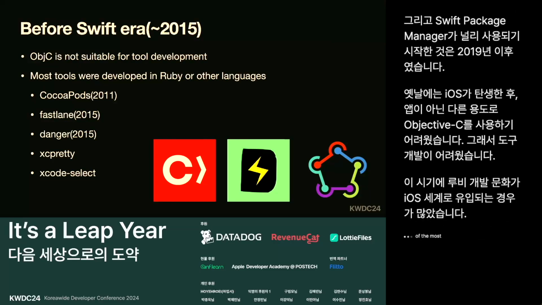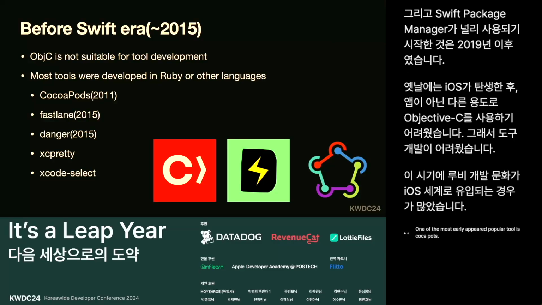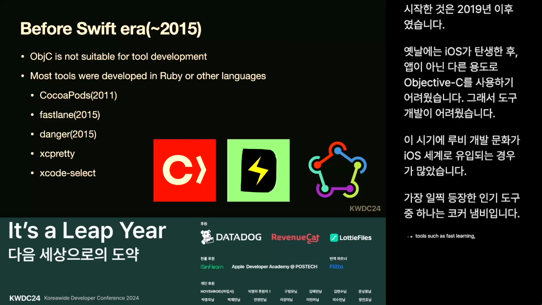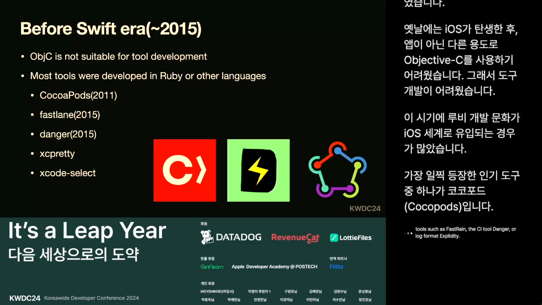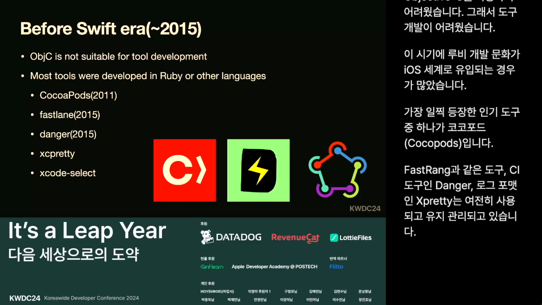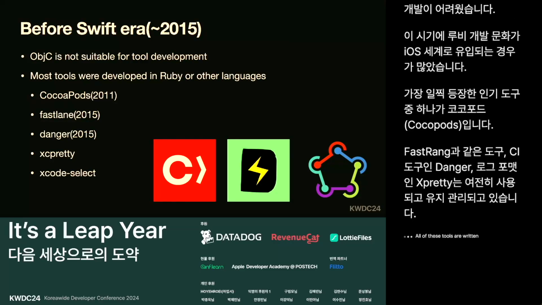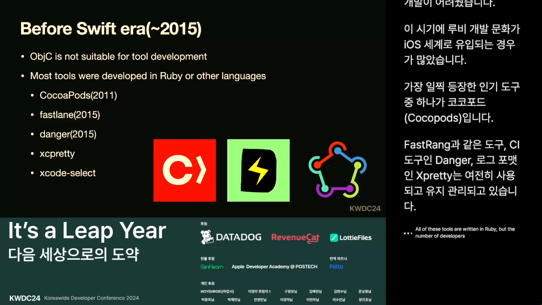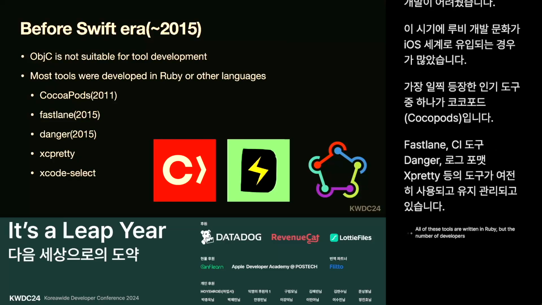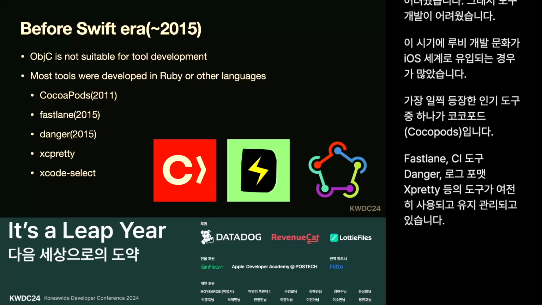One of the earliest popular tools is CocoaPods. Other tools such as fastlane, the CI tool Danger, or log formatter xcpretty are still being used and maintained. All of these tools are written in Ruby, but the number of developers who have knowledge of both Ruby and iOS is decreasing.